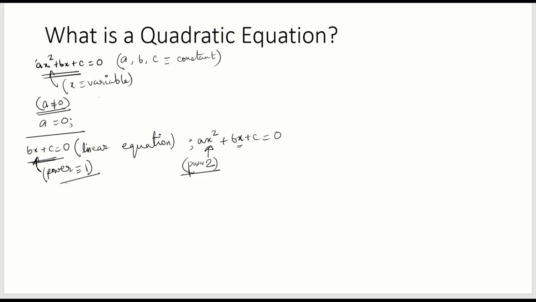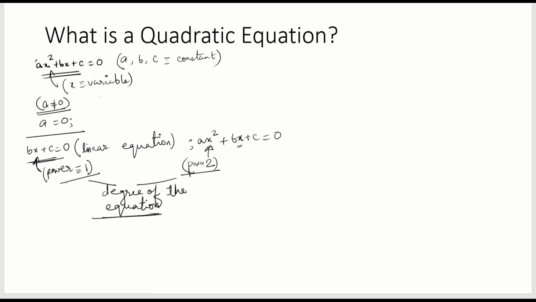This highest power is also referred to as the degree of the equation. Now suppose it's a cubic equation.